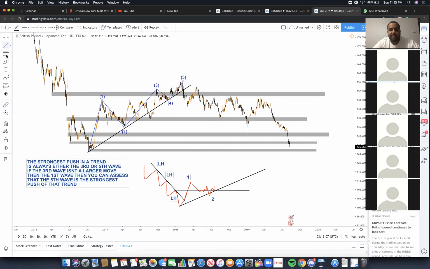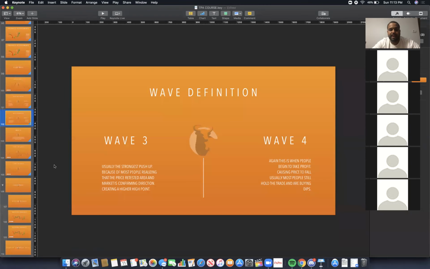If the third wave made its move to the upside, yeah, it broke past the first wave, but it wasn't as large a move as the first wave was, then you can assume, after the market comes back and retests that same area, that the fifth wave can be the longest move to the upside. So let's go back to our slides.